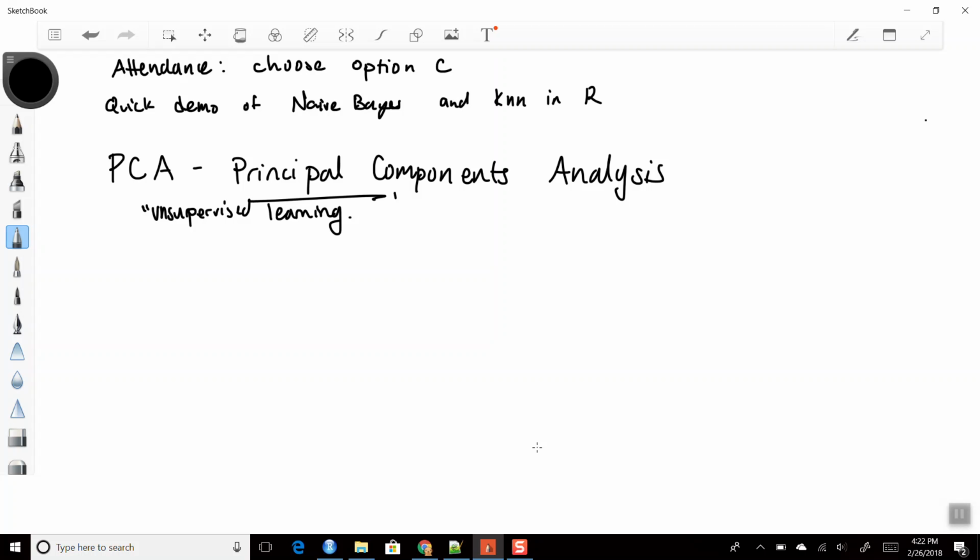Unsupervised learning means we do not provide, quote, answers. So there's no objective function, not a loss function that we're trying to minimize or a likelihood function that we're trying to maximize. We're just searching for structure within our data.